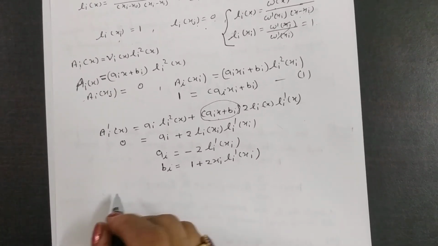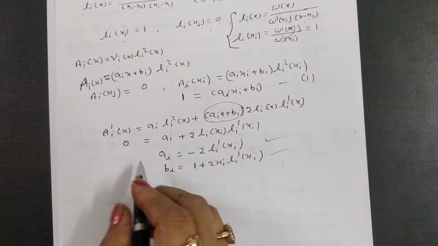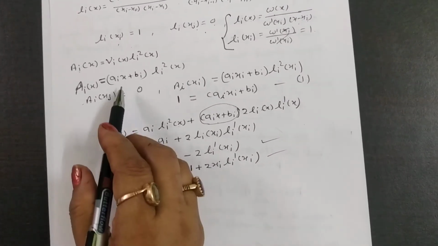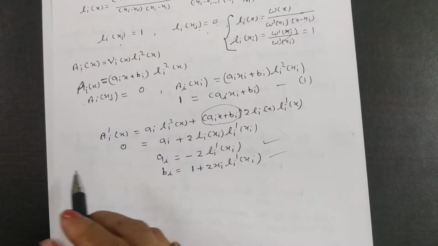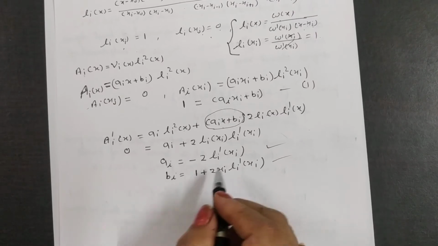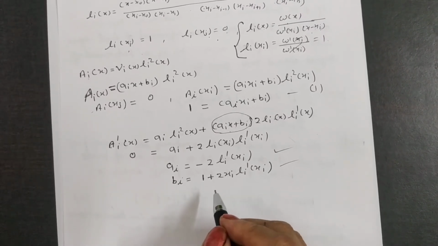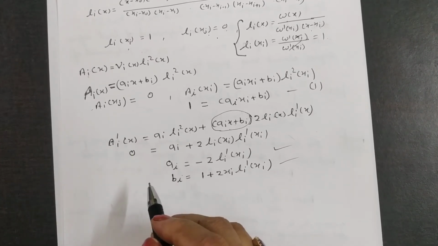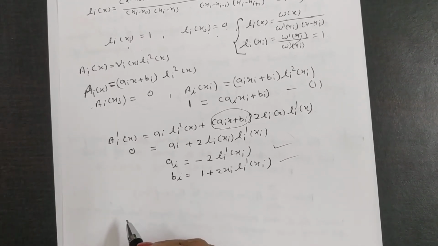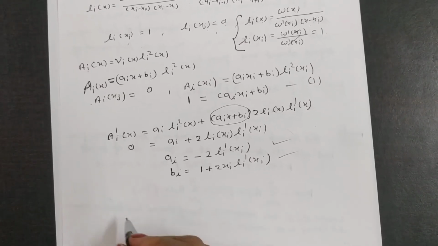Similarly, substituting these values of ai and bi here, you get aix.